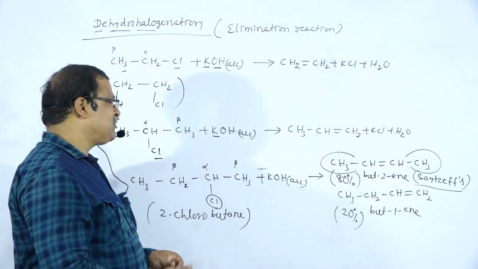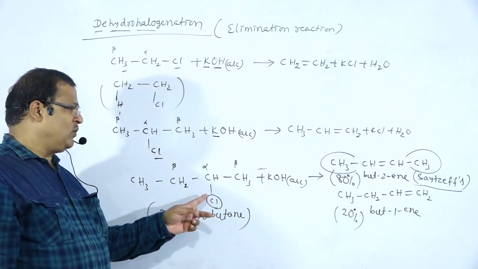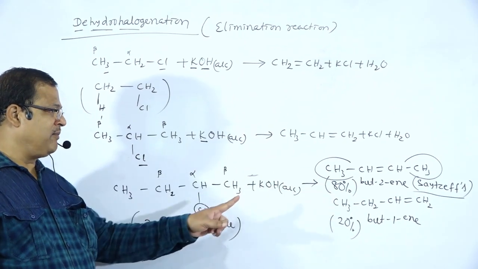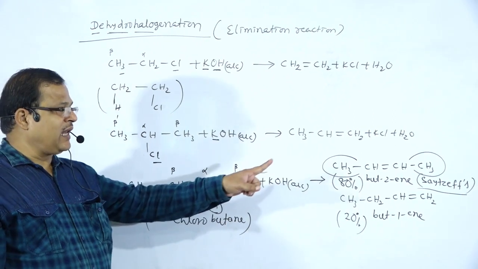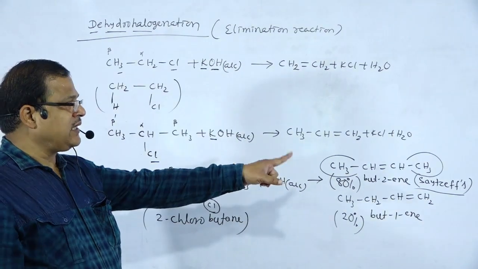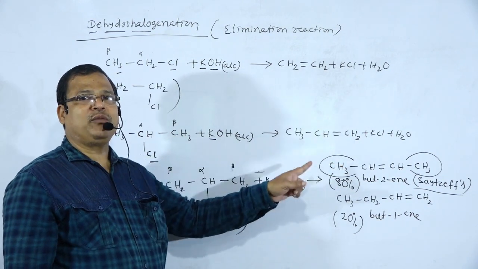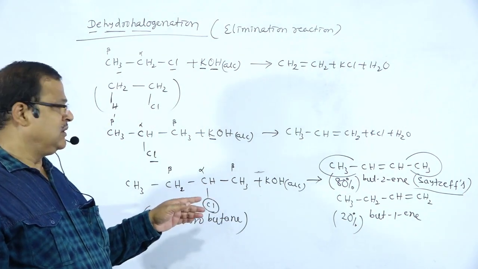Then what is Saytzeff's rule? Whenever there is a chance of formation of different kinds of alkene by the dehydrohalogenation process, the more alkylated alkene, or the alkene in which the double bond occurs at higher position, is the predominant or major product. That is Saytzeff's rule.